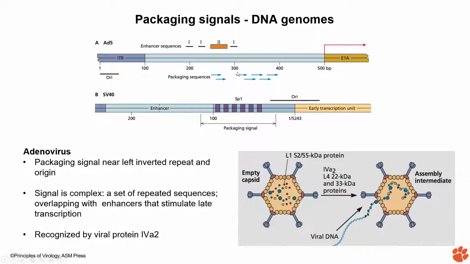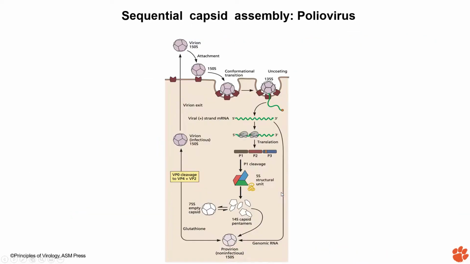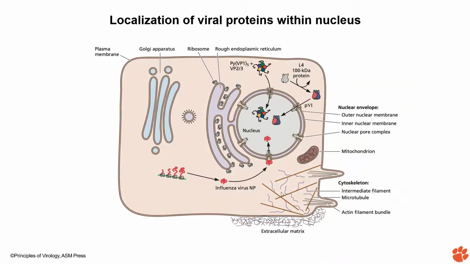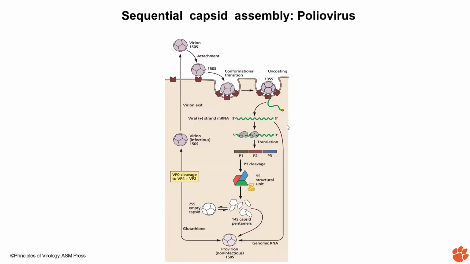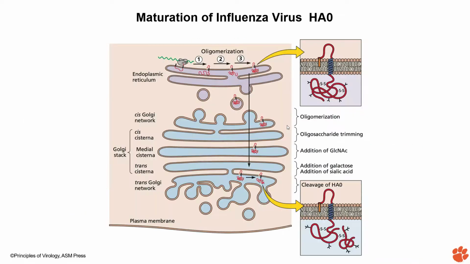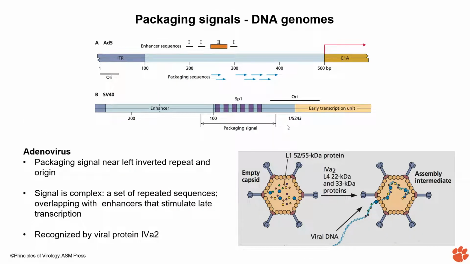And this is recognized by the viral protein 4A2. We talked about how the 4A2 packages the genome. Remember that we have seen this in this picture, how the 4A2, we are going to see that these hexon trimers are transported in there, and the 4A2, which is also a transcription factor, will bring these structures together and they will assemble together.